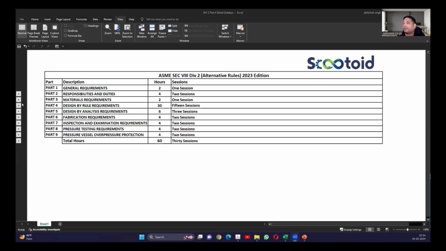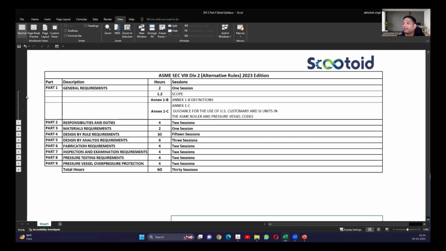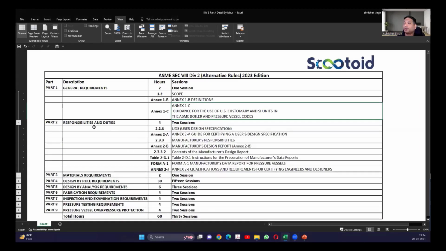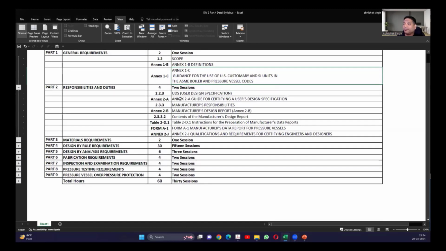Starting from part 1, part 2. In part 1 we'll be covering scope, definitions, and guidance, whatever is there. We'll have 2 sessions on that, and then two sessions on part 2, which will basically talk about the UDS preparation, what should be the content of the UDS. We'll also prepare one UDS format which you can use for all the jobs.